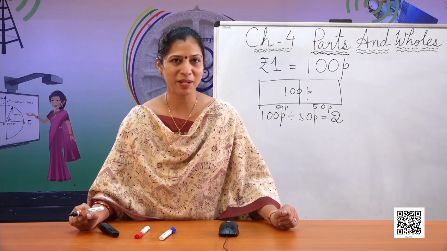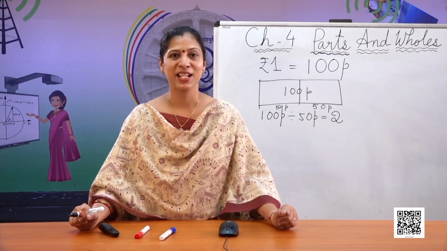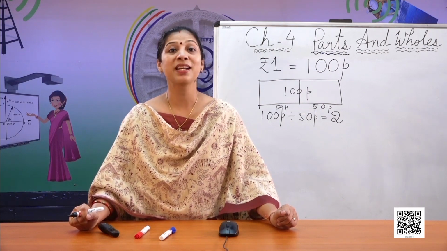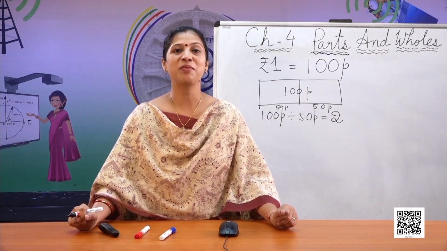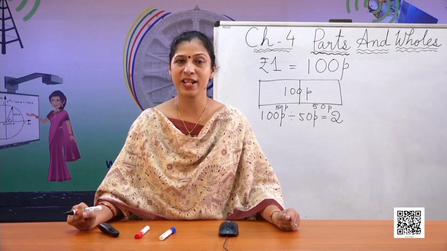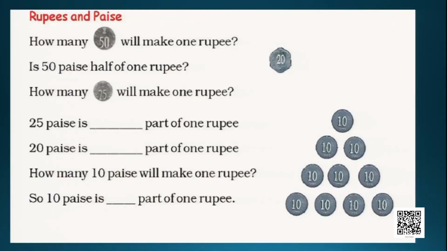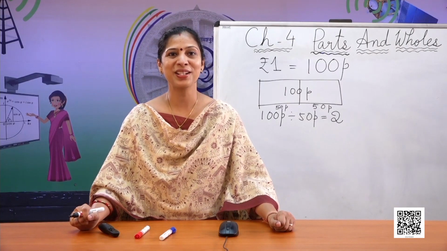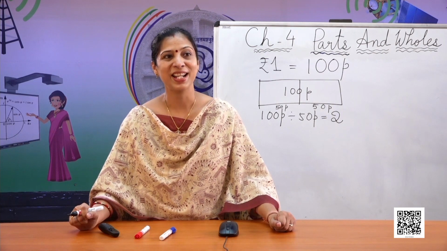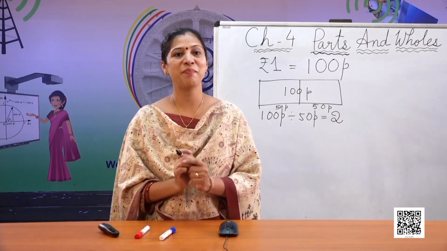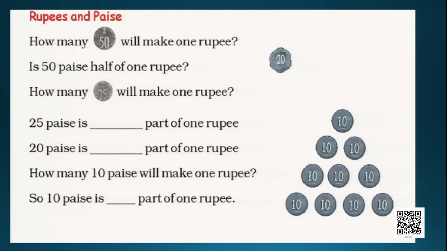Do you remember the table of 20? Yes, the answer will be 5. So, there will be 5 20 paise coins in 1 rupee. Similarly, how many 10 paise coins will be there in 1 rupee? Yes, 100 divided by 10 is equal to 10. So, there are 10 10 paise coins in 1 rupee.